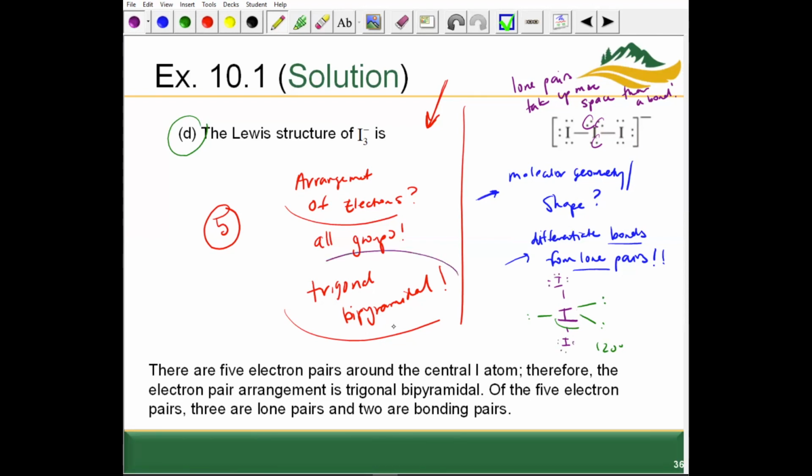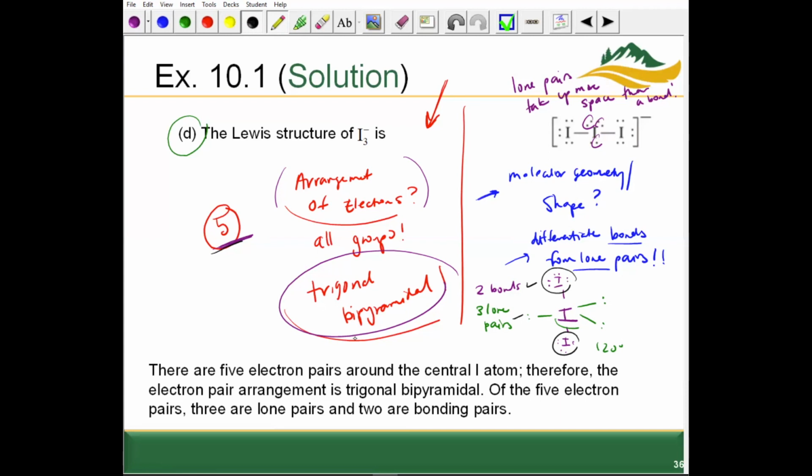So within the category of trigonal bipyramidal for the arrangement of electron groups, with 5 total groups where 2 of those groups are bonds and 3 of those groups are lone pairs, this starts to look like our linear molecular geometry.